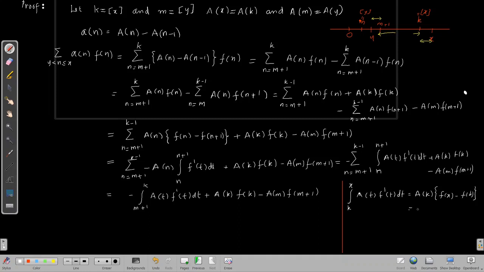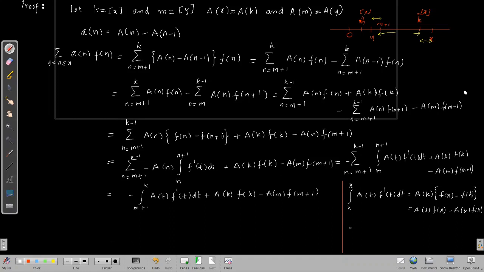So the sum is a of k f of x minus a of k f of k. Now you can replace this a of k f of k using this equation, so that we can get the integral from k to x inside this formula.